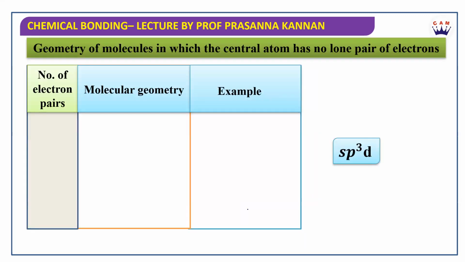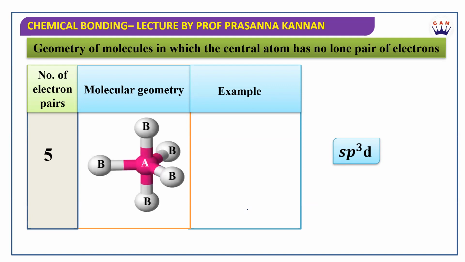So the kind of hybridization will be sp3d. How many bond pairs are there? 5. And what is the structure? Trigonal bipyramidal. Yes. So now tell me, what are going to be the angles?